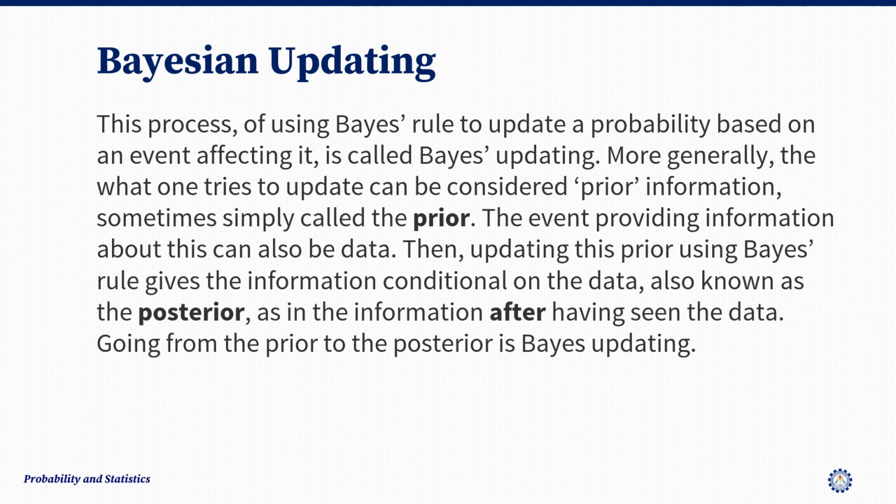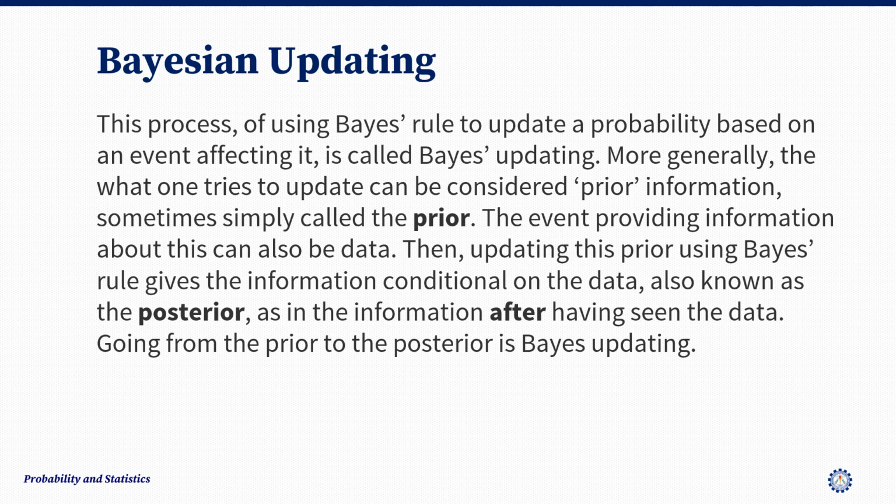This process of using Bayes rule to update a probability based on an event affecting it is called Bayesian updating. More generally, what one tries to update can be considered prior information, sometimes simply called the prior. The event providing information about this can also be called data.